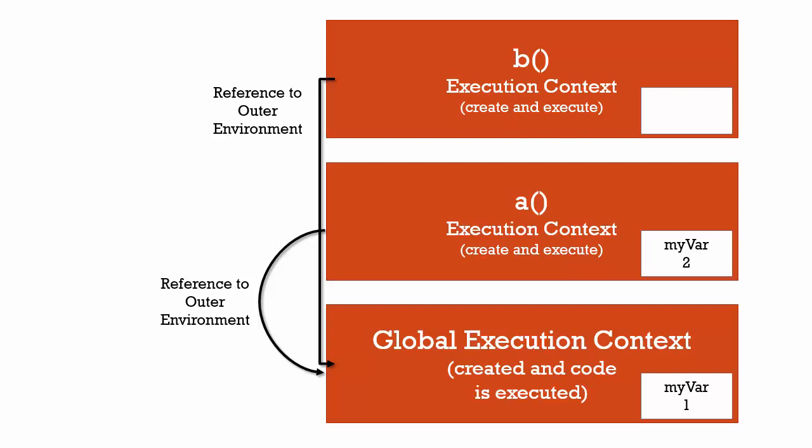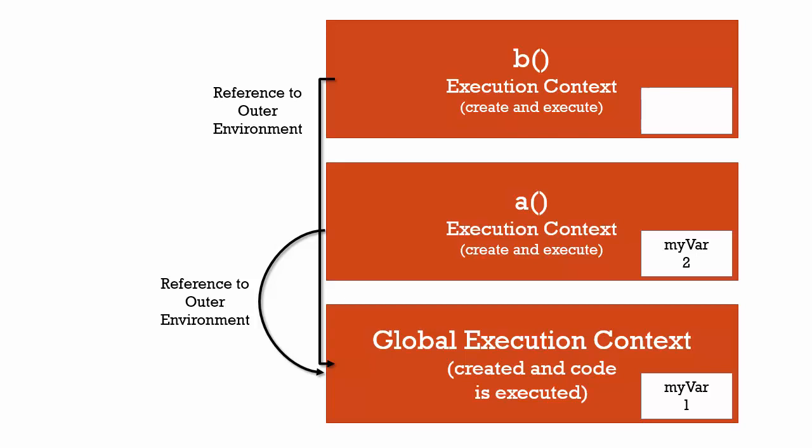Now, this entire act of searching, this chain of references to outer environments, because this execution context stack could get really tall, and maybe myvar is a ways down the stack, it has to search one and then look for another outer environment and search again until it gets all the way to the bottom where the global is, where there is no outer environment, to find myvar.